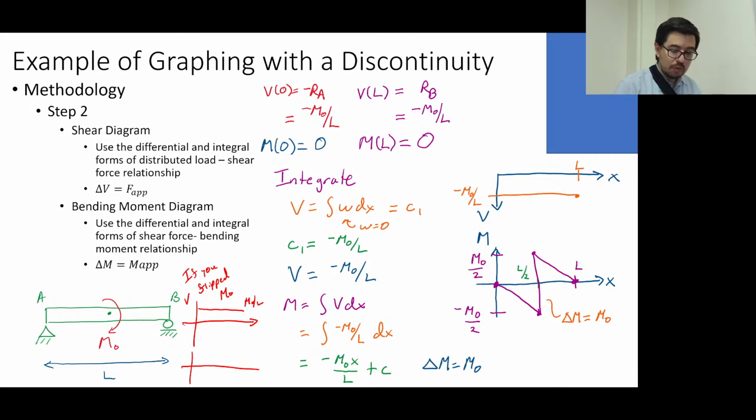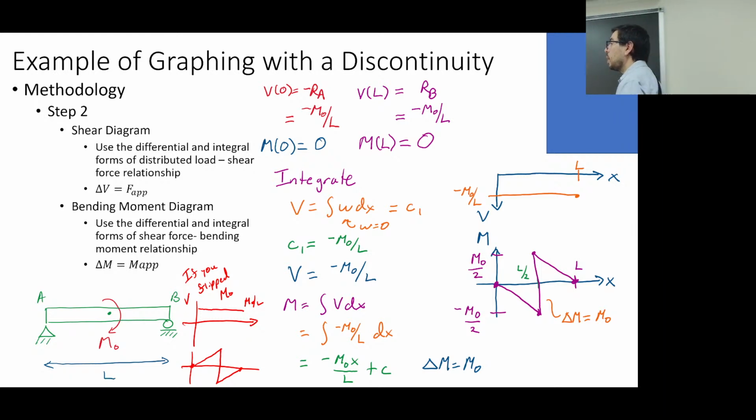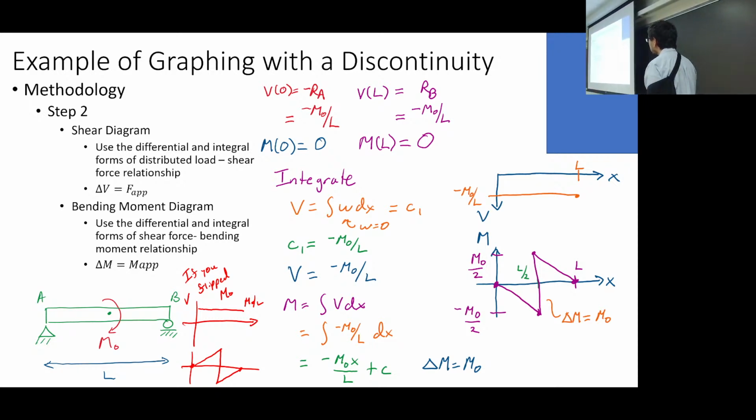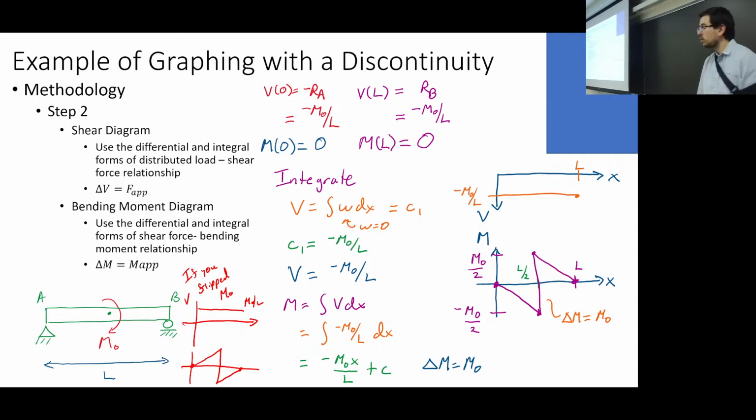And so if it's a positive slope, then these still are going to be 0. So then I've got to do this like this, because if I flip the direction of M naught, then it's going the other direction, which means I actually have a step down. Because the delta M is going to be negative. Okay.